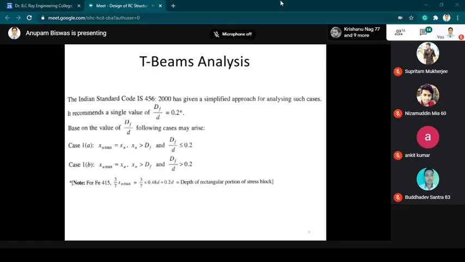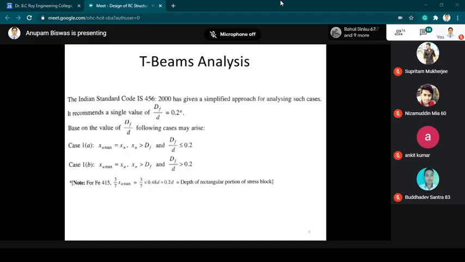And for case 1b, where XU max is equal to XU, the value of DF by d is more than 0.2.